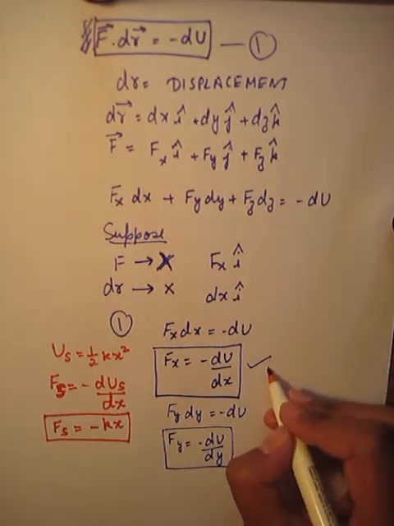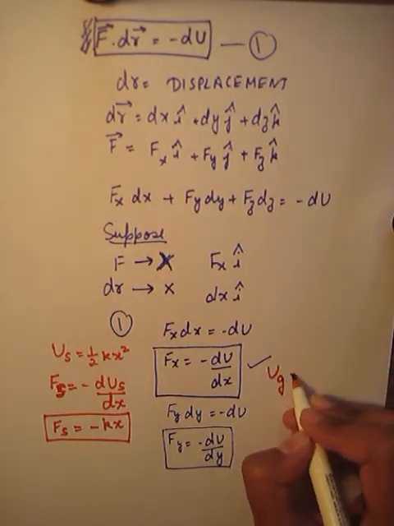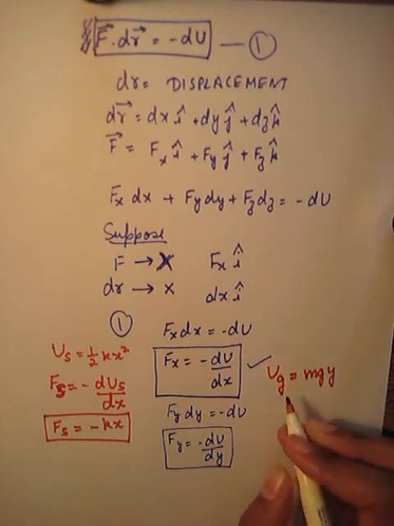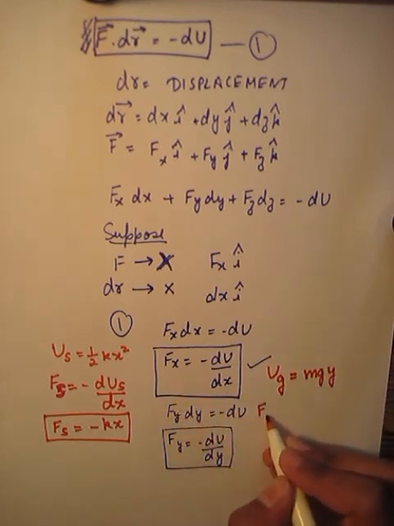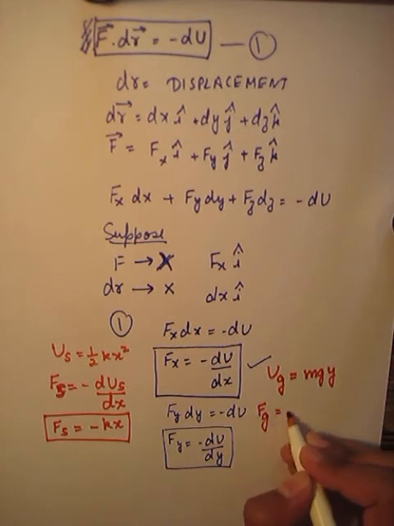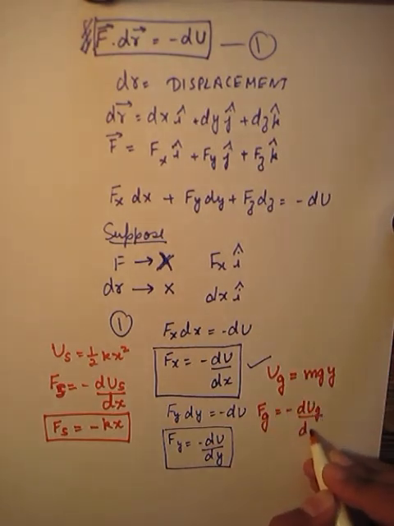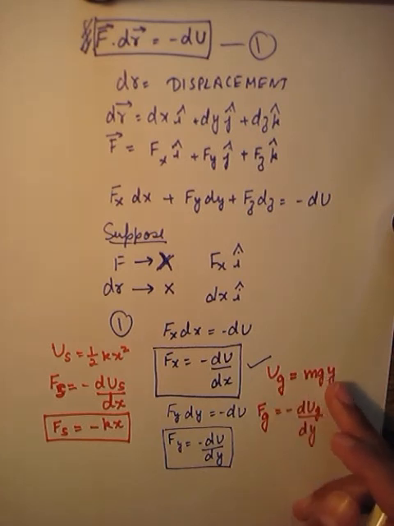In a similar manner, we also know the gravitational potential energy. It is mgy. So if we have to find the gravitational force, it will be minus dU_g upon dy. Just take a derivative of it with respect to y, because now potential energy is a function of y.